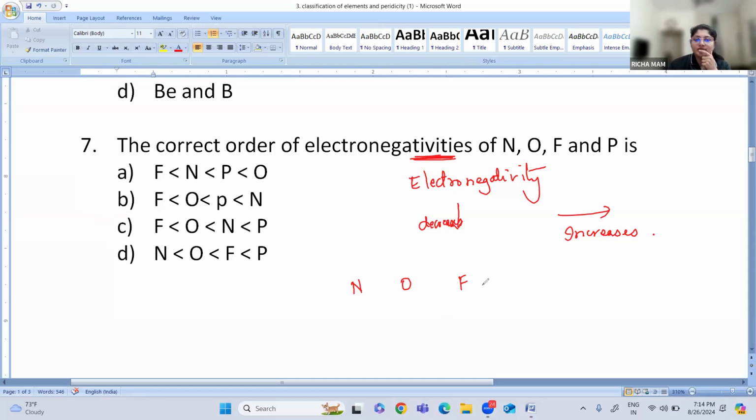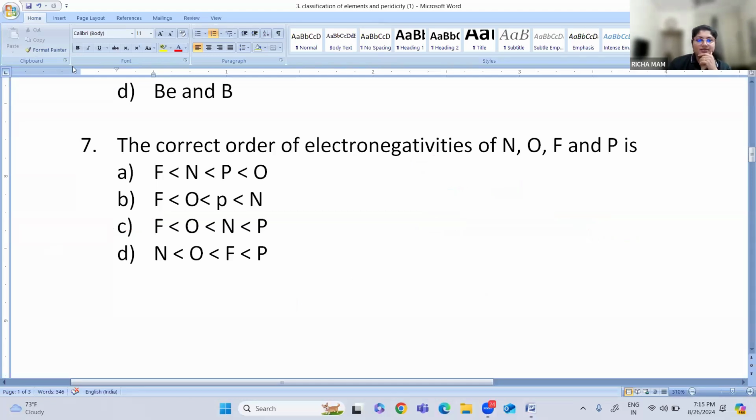Fluorine will be the highest, then oxygen, then nitrogen, and then phosphorus. So option C. When we write the electronegativity series of these elements, the correct answer is option C, because electronegativity decreases down the group and increases along the period. So option C is the answer.